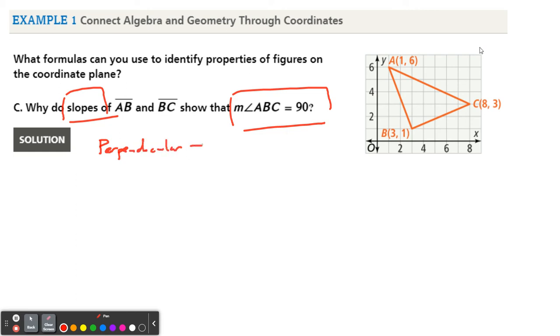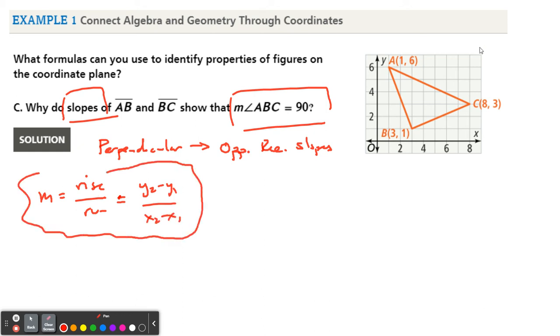And for perpendicular lines, remember they have opposite reciprocal slopes. So if you find the two m values, you can then compare them and see if they're opposite reciprocals. To find slope, you can just count rise over run on a coordinate plane, or it's also equal to y2 minus y1 over x2 minus x1. So this is your slope formula.